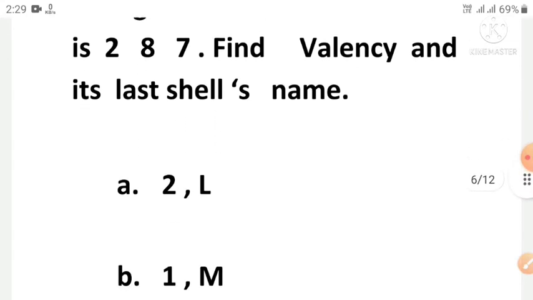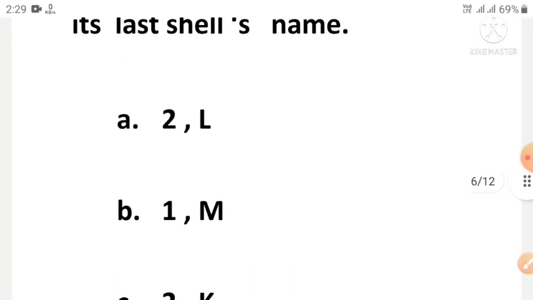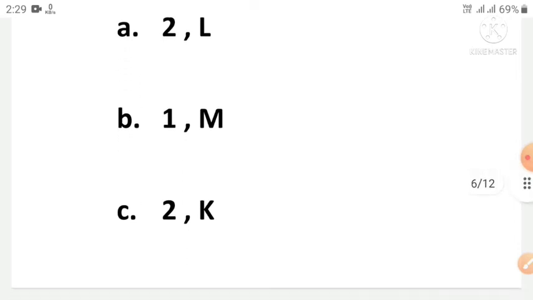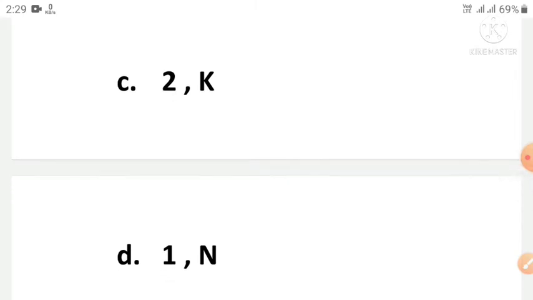Here 4 options are given: A 2 and L shell, B 1 and M shell, C 2 and K shell, and D 1 and N shell.